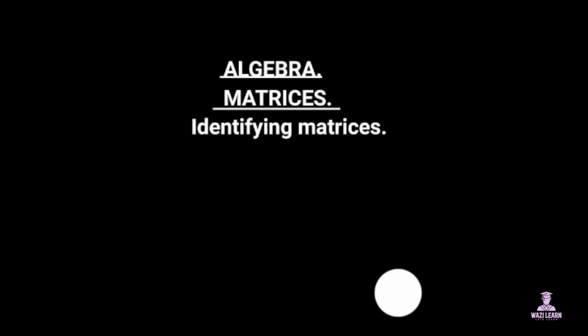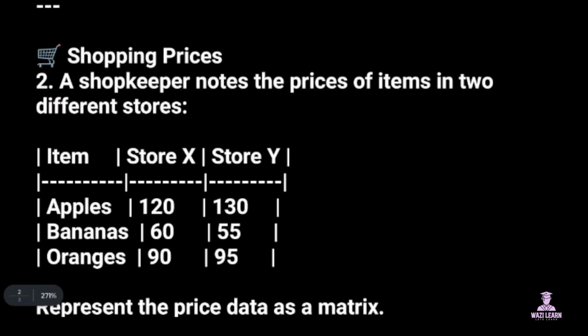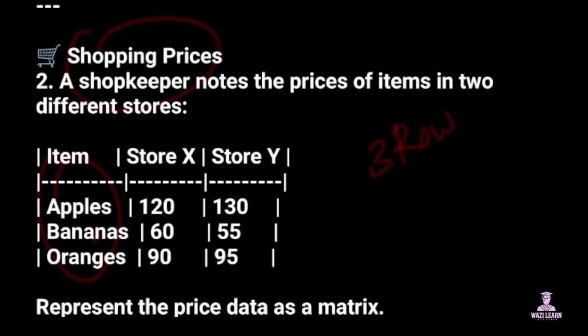Let us look at the second example, shopping prices. A shopkeeper notes the prices of items in 2 different stores. Our individual items are 3: apples, bananas, and oranges, so we have 3 rows. Our categories, store X and store Y, form 2 columns.